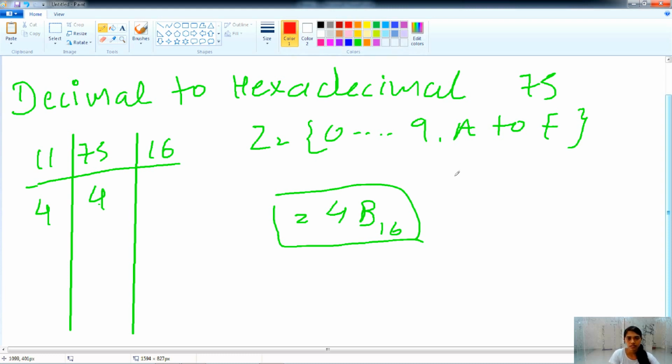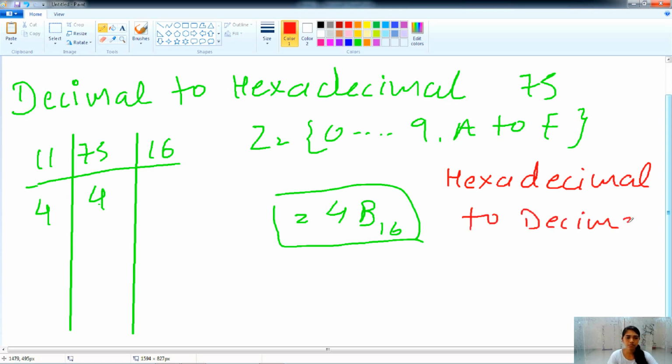Now, next we will convert a hexadecimal number into a decimal number. That is hexadecimal to decimal. Here we would convert this 4B into a decimal number.